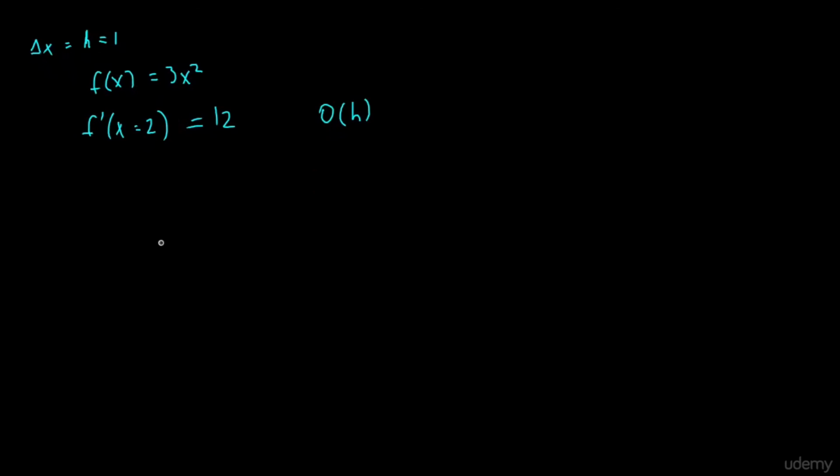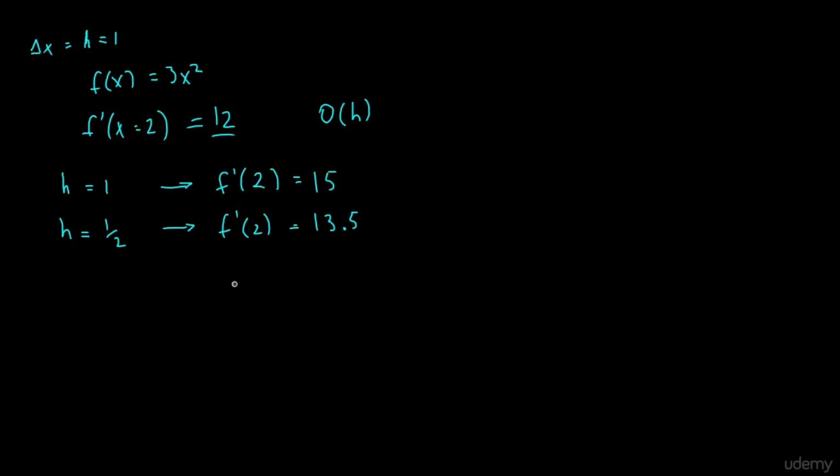In the previous example, we found that when h equals 1, the derivative at the point 2 had the value 15. That was quite far away from the actual value of 12. If we now take h to be, say, 1/2, and calculate this in MATLAB, you'll find that the first derivative at x equals 2 has the value 13.5.